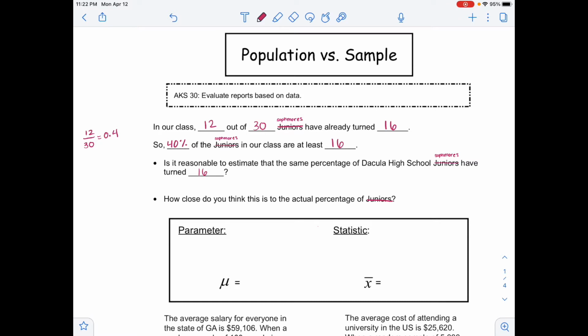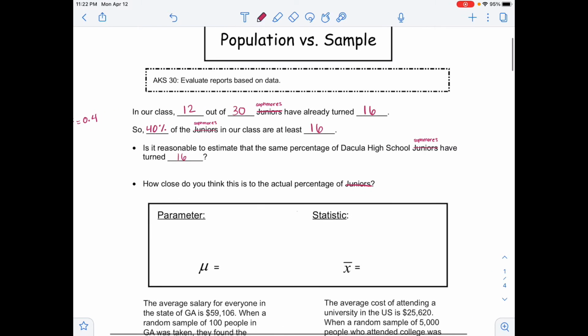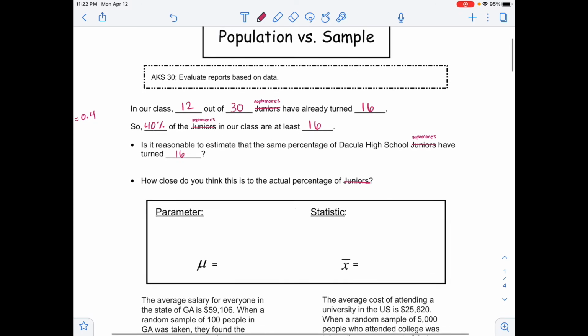Instead, it's a lot easier to take a small sample. And so you guys, my class, are my sample. I ask you how many of you have turned 16, and then we can generalize for the whole population. So that is the difference between a population and a sample.